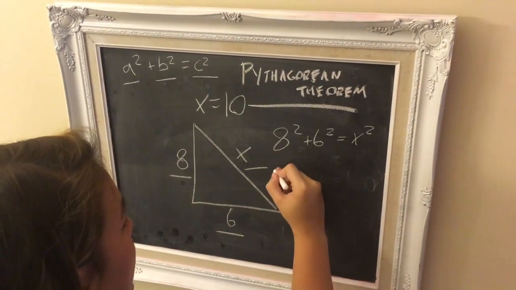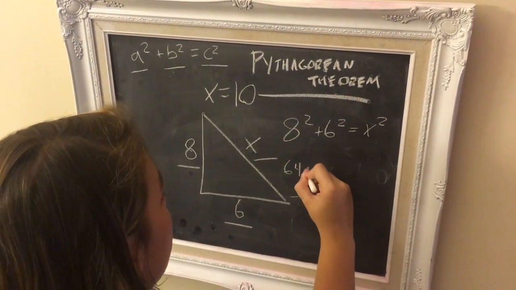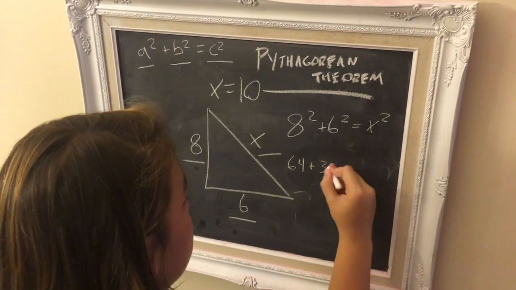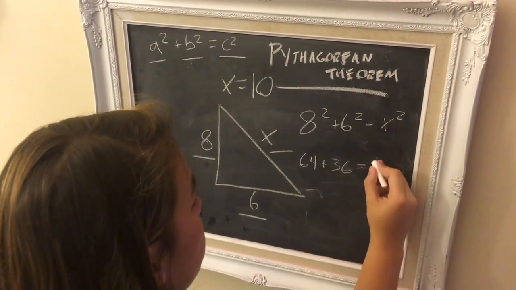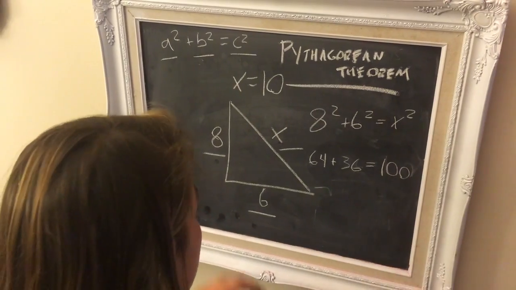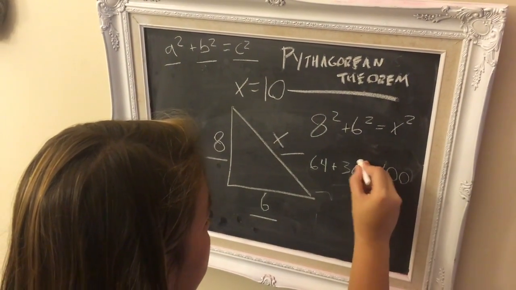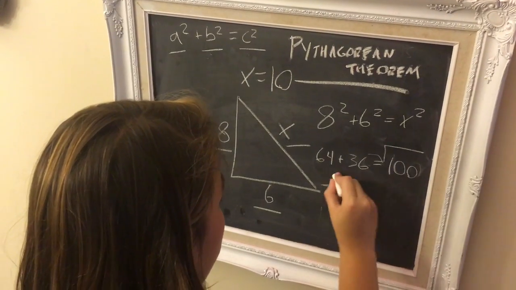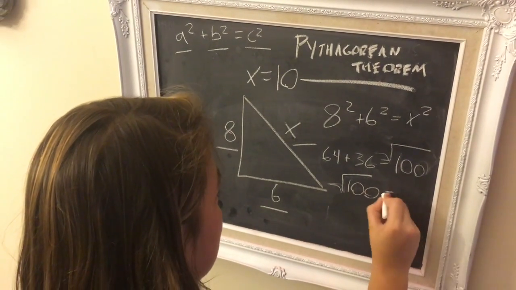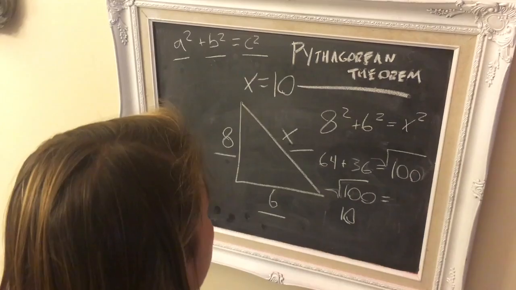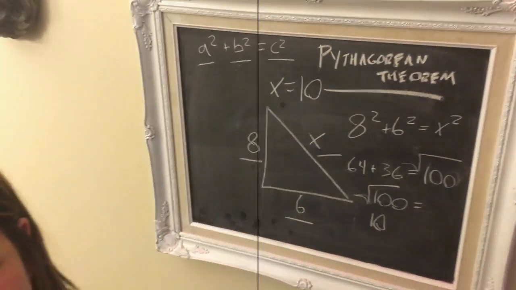If you square 8, you get 64, plus 6 squared is 36, and those equal 100. Then you have to find the square root, and the square root of 100 is equal to 10. So here you have x equals 10. Correct!